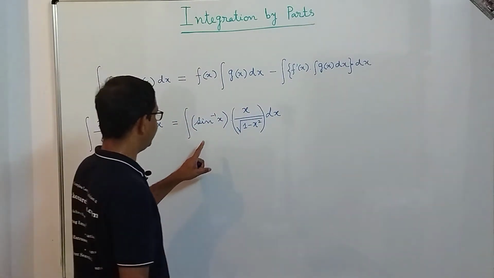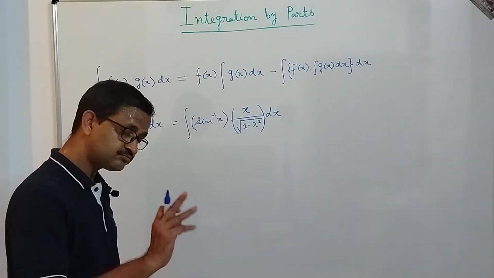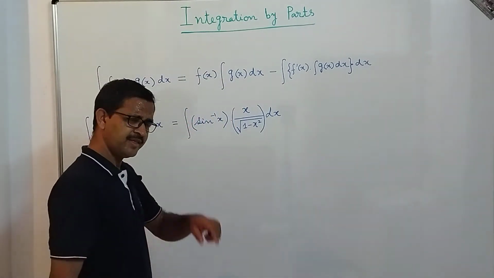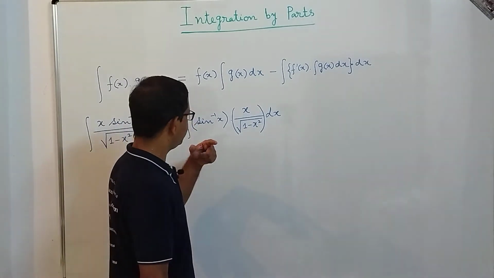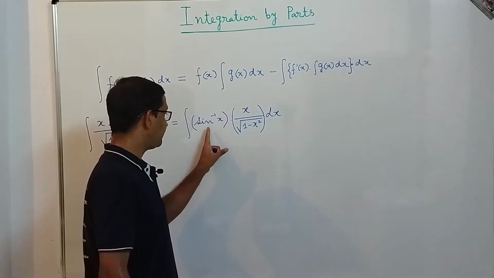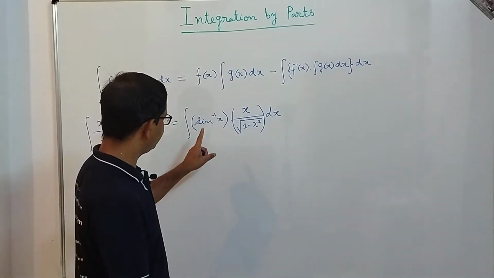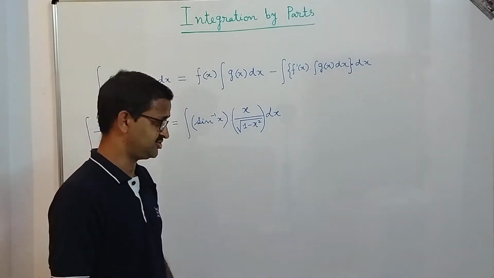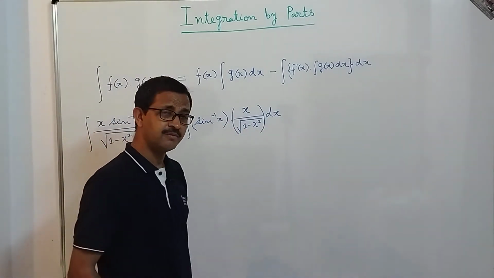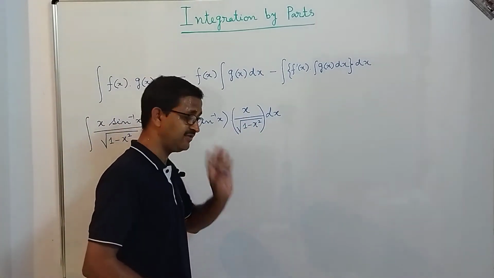According to the Euler rule, we can consider sin inverse x as the first function. Also, there is another way, step 1: if you see the product of two functions in which one is not directly integrable. Sin inverse x is not directly integrable, so we can take sin inverse x as the first function. Yes, x by square root of 1 minus x square is also not directly integrable, but by means of substitution you can find that integration.